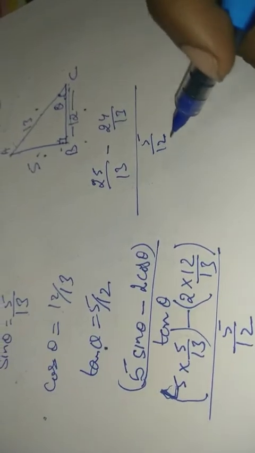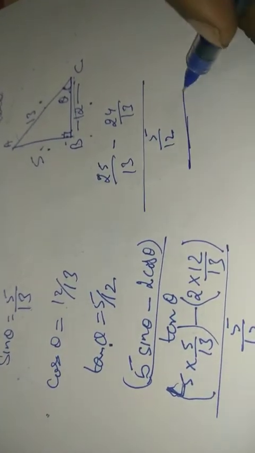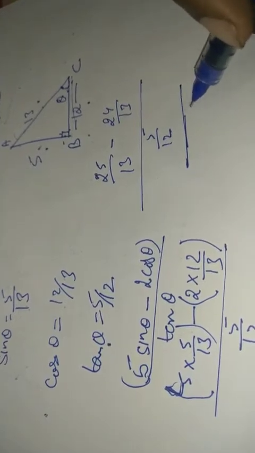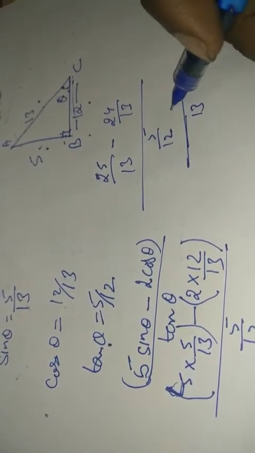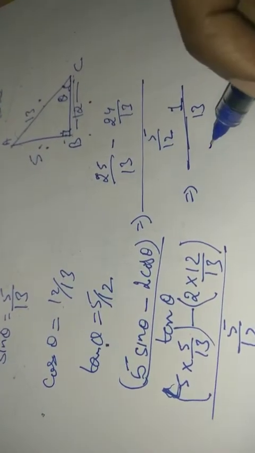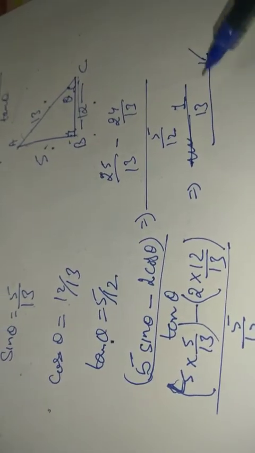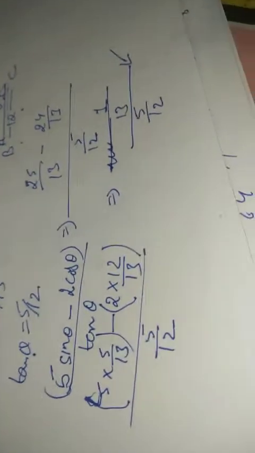Now let's take the LCM in the numerator. So it will become 25 minus 24, that is 1, whole upon 5 by 12.